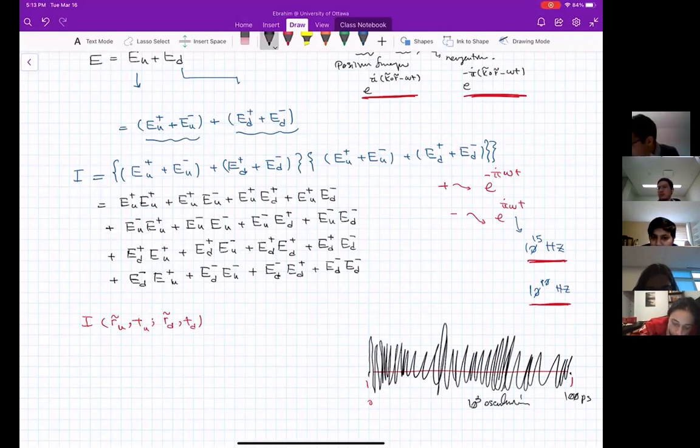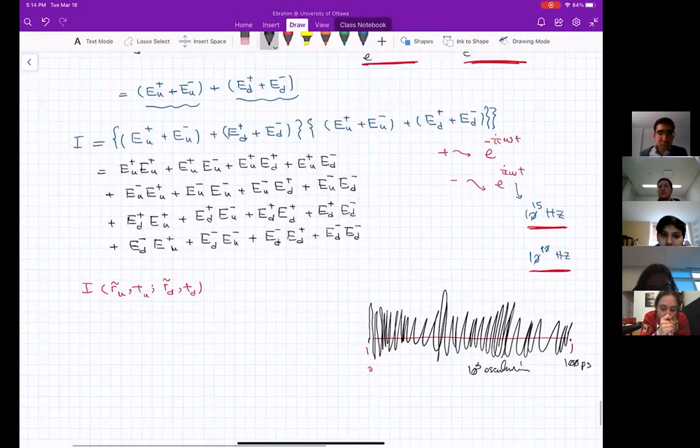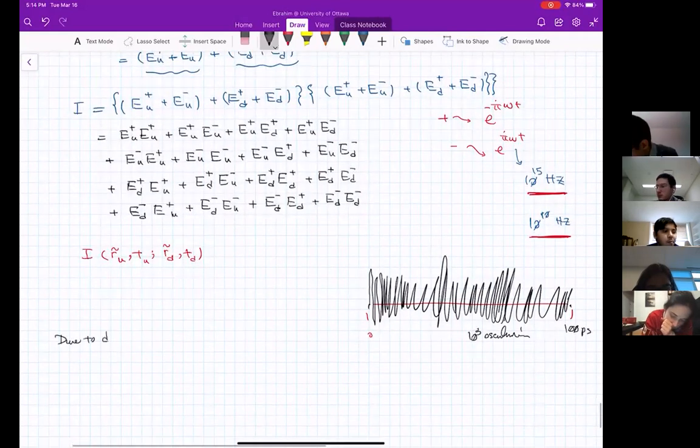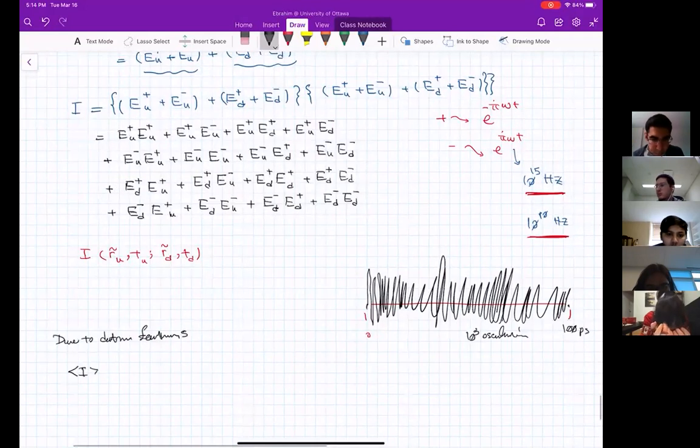So my detector is not able to resolve that oscillation of intensity. Okay. So it sees the average of the fluctuation, or the average in time. So due to the detector property, what you will see is the average of this intensity. This is the job of your detector.